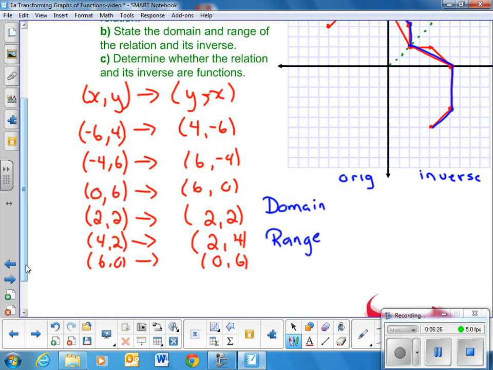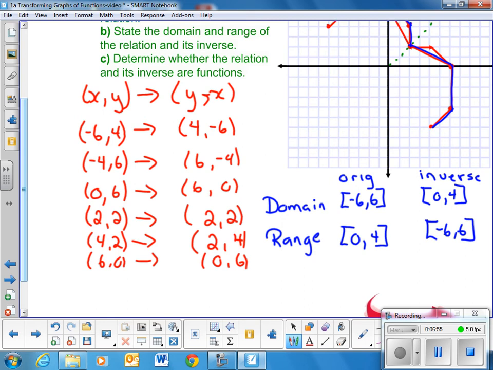So the domain of our original function is from -6 to 6. And the range of our original function is 0 to 4. In our inverse, what we've done is switch the x and the y's. So our domain is now 0 to 4. And the range will be -6 to 6.